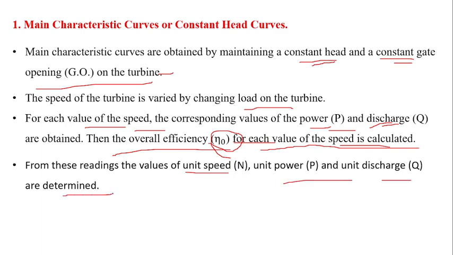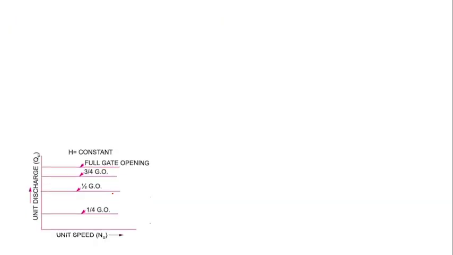We previously discussed unit speed, unit power and unit discharge. First we compare unit speed on the x-axis and unit discharge on the y-axis. We slowly open the gate while maintaining constant head: 1/4 gate, half gate, 3/4 gate, full gate.